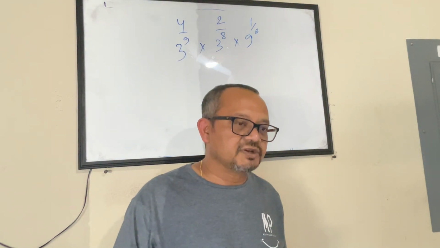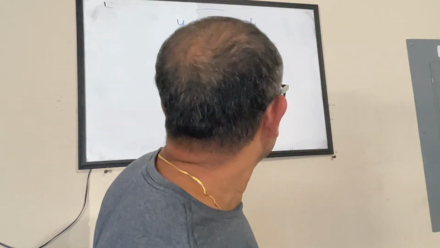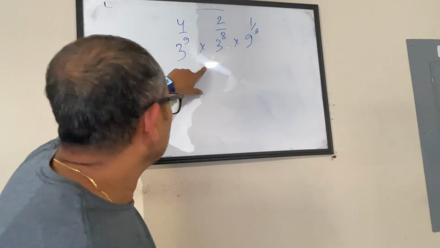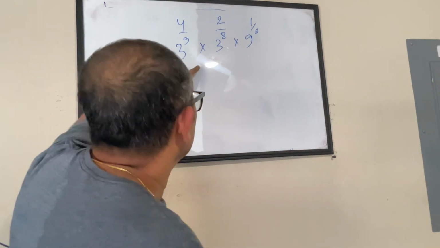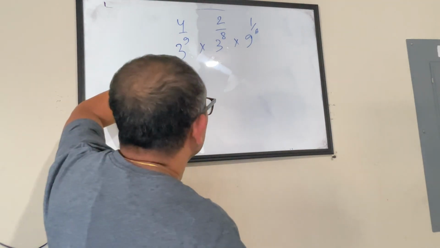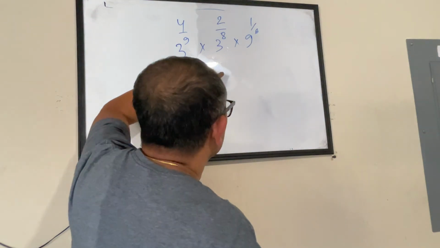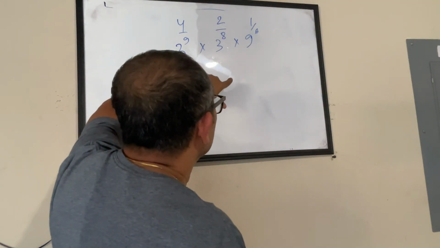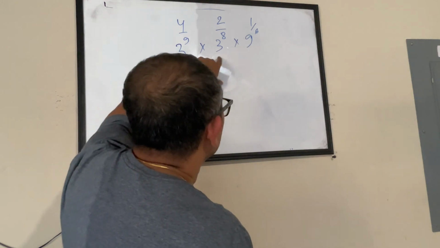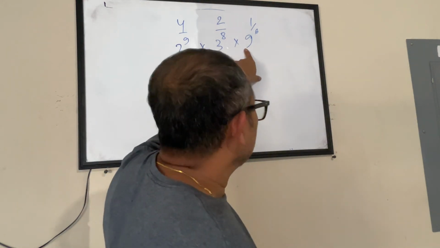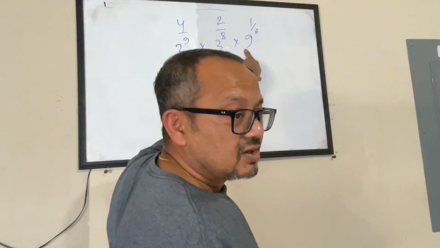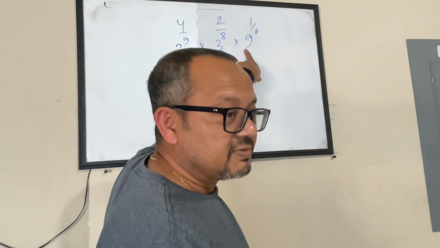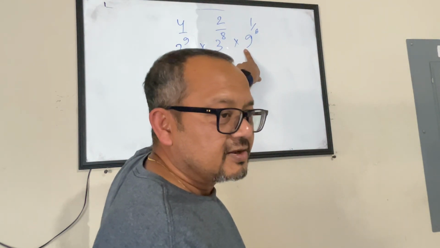And how did you do it? I don't want to skip to the answer just yet, but what I did is that I did 3 times 3 times 9, which got me 81. And then I multiplied all the fractions together. Oh, wait, never mind.